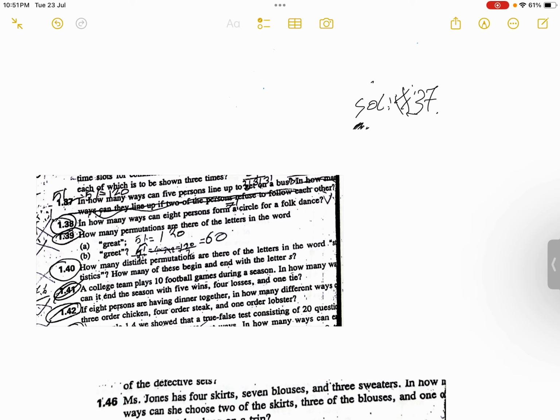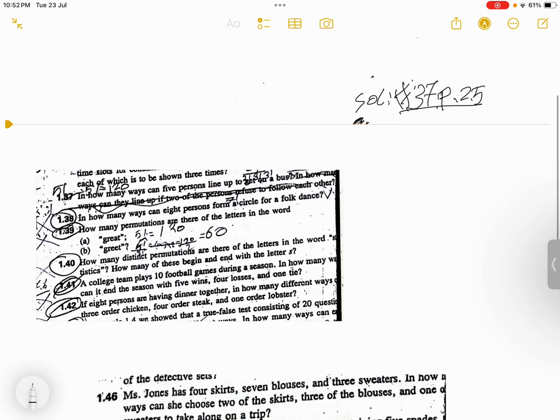I chose some questions that are examples. You don't need to solve the other questions. I will solve all these questions with you. Page 25. It asks in how many ways, the number of ways.